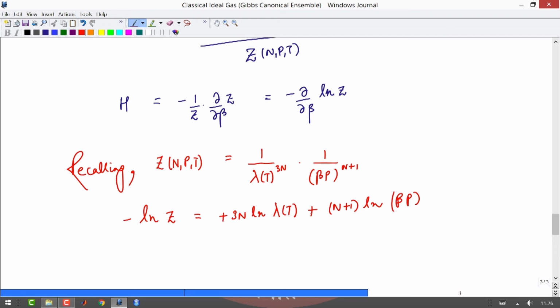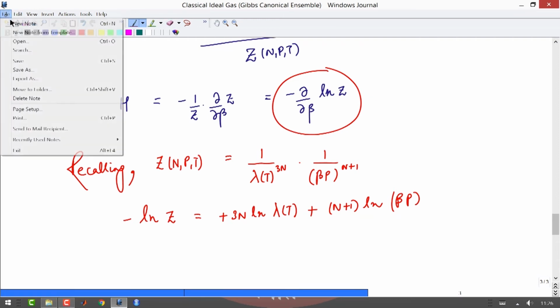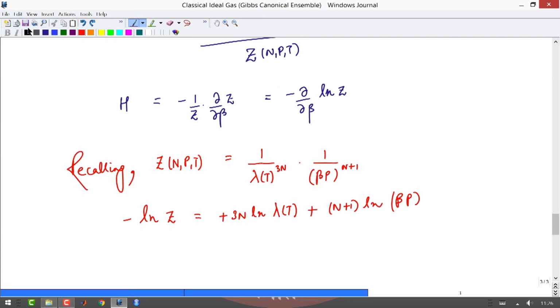And what is required here to compute the enthalpy, I am just going to substitute for minus ln Z. So, I can rewrite this as d over d beta of minus ln Z, and for this minus ln Z I am going to substitute the expression that we have just computed.